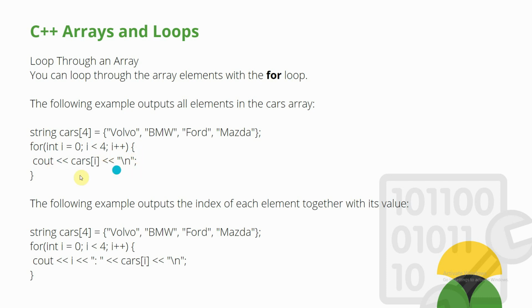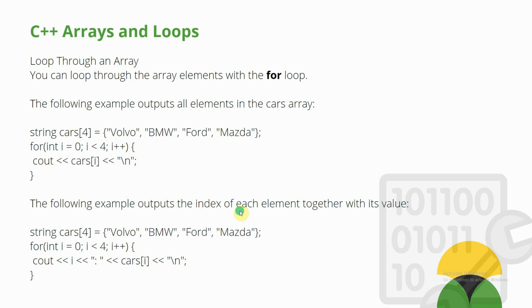So it will place this output: cout the cars, and then the integer i, and then a new line. So basically it will print out each element stored in the cars array on a single line, and then the next below, as long as the condition in this for statement is satisfied.